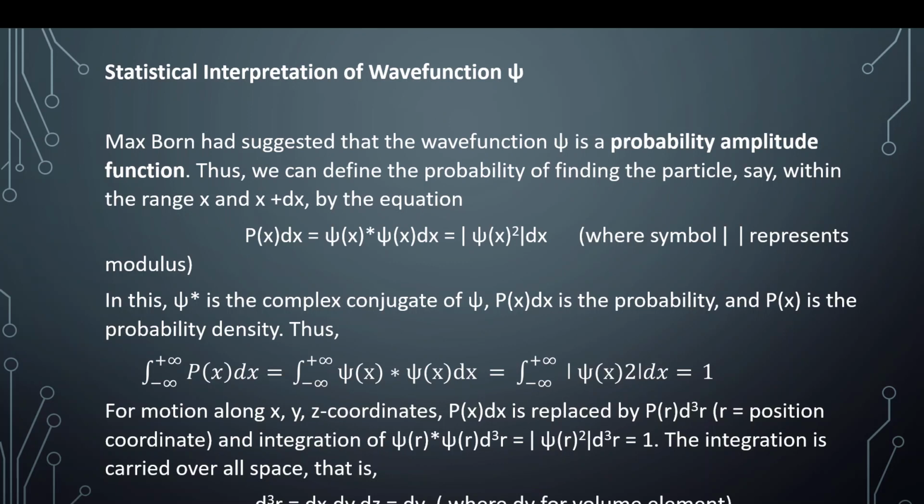For motion along x, y, z coordinates, P(x) dx is replaced by P(r) d3r. r is the position coordinate representing x, y, z coordinates, and integration of psi(r) star psi(r) d3r, alternatively mod psi(r) squared d3r, equal to 1. The integration is carried over all space, that is d3r equal to dx into dy into dz equal to V, V for volume.